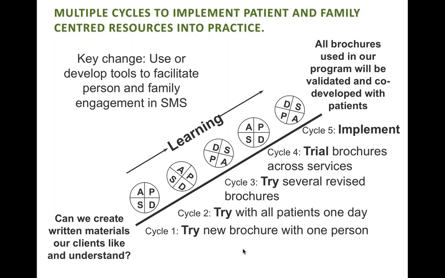In cycle 2, which is not on the slide, they tried it with all patients through a day to measure the effectiveness, using some scale of effectiveness or a couple of questions, and 35% found some of the material in the brochure irrelevant and/or information they already knew. That's where you can tie it back to the lean approach that Bruce was talking about. There's some wasted effort, some wasted information, and you're looking at getting rid of that waste. Perhaps the feedback was that you didn't need all of the information in it, or you needed different information. So they revise it based on that and then test it again.